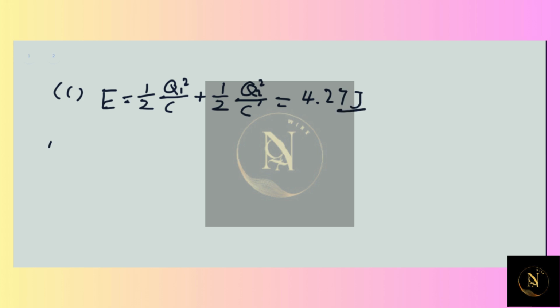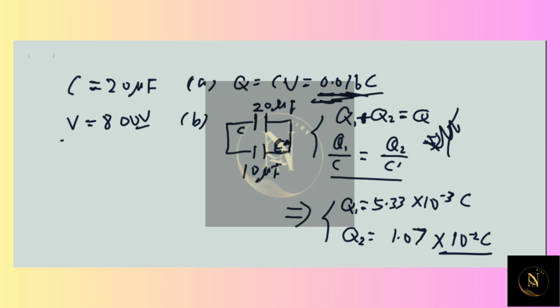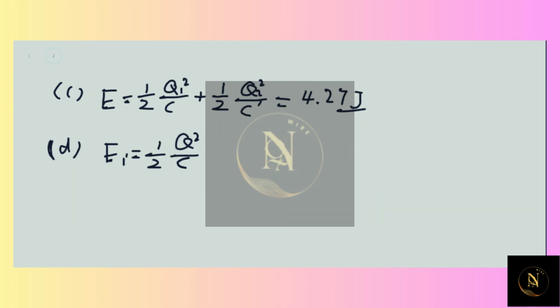All right. And in part D, we want to know the energy decrease after the connection. So before the connection, we know the initial energy E_i simply equals half Q squared over C, right? And the Q here is the total charge, because we just want to figure out the energy stored in the single 20 microfarad capacitor. So Q is the total charge and C is 20 microfarads.